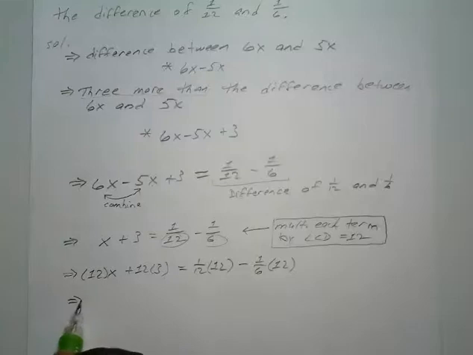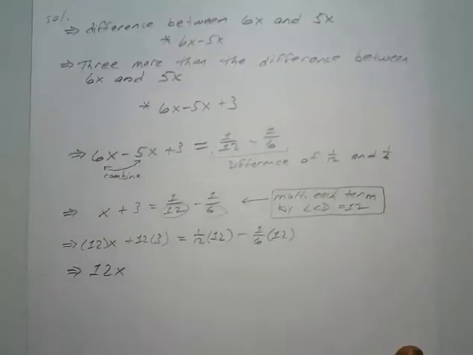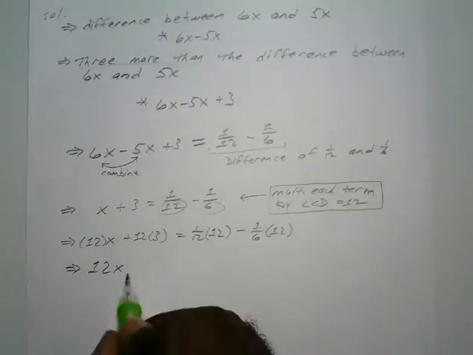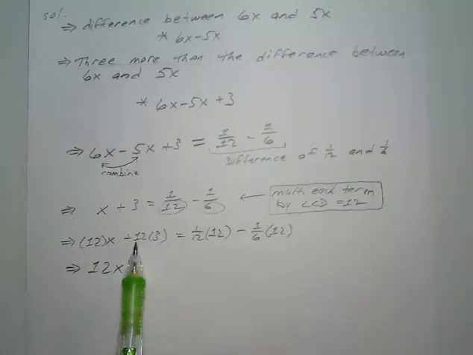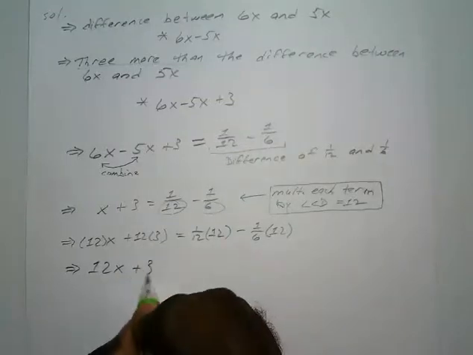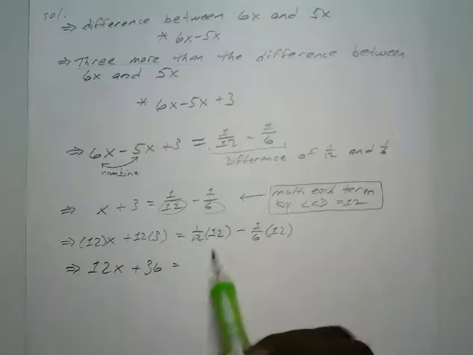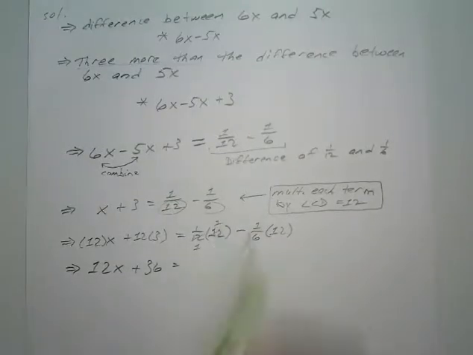Alright, so that will give us 12 times x, which is 12x, bring that up a little bit. There we go. Plus 12 times 3, which is 36, equals, these two 12s cancel each other out.